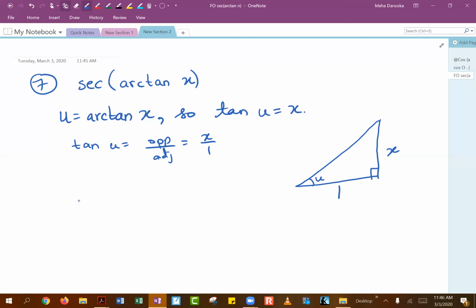1 minus x squared? No. Think about your Pythagorean theorem again. The square root of 1 minus x squared? Why are you getting a minus? Plus, because you're adding opposite plus adjacent sides to get the hypotenuse. If you were given the hypotenuse and finding one of the legs, that's when you subtract. But you're actually finding the hypotenuse, right?